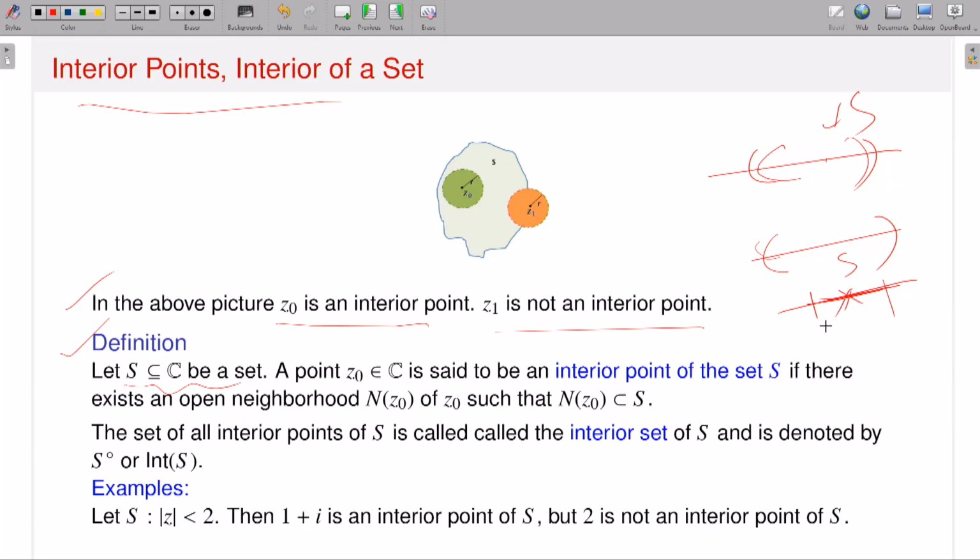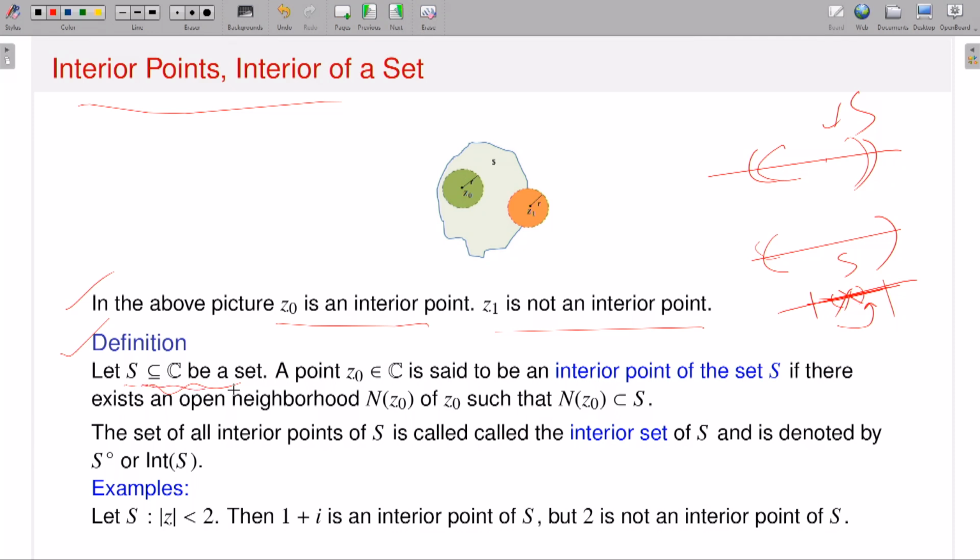If I take a point here and say that it is an interior point, then there exists an open interval containing that point which is fully contained in that set. If a point satisfies that property, then it is an interior point on the real line. Similarly, in the complex plane, you just replace open interval by open ball or open disc. So the definition will be the same.